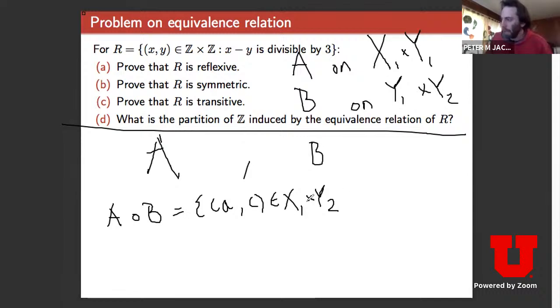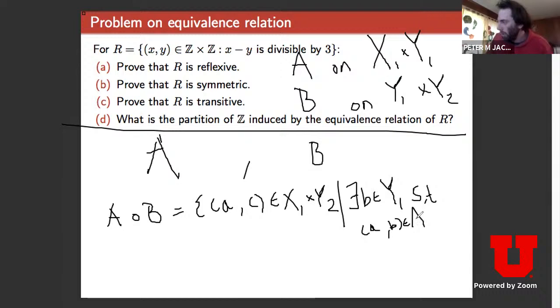So this is in x1 cross y2 such that there exists a B in y1 such that (A, B) is in A, and (B, C) is in B. That's the definition of the composition.